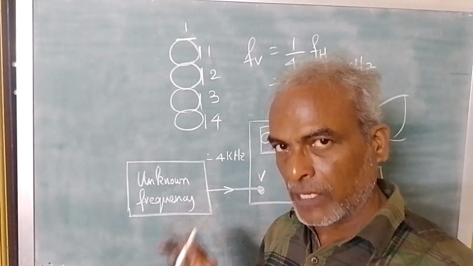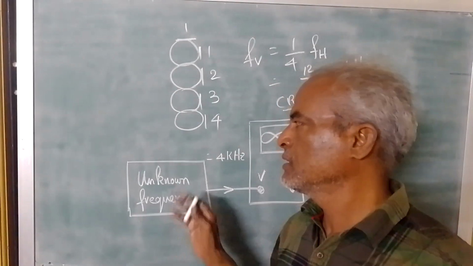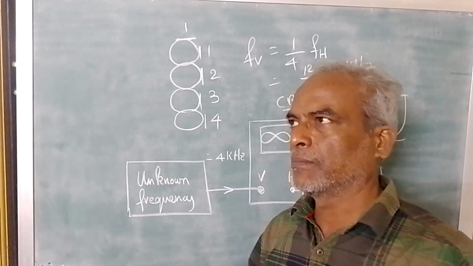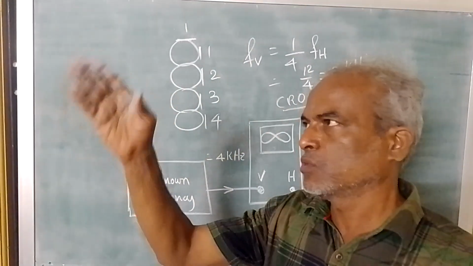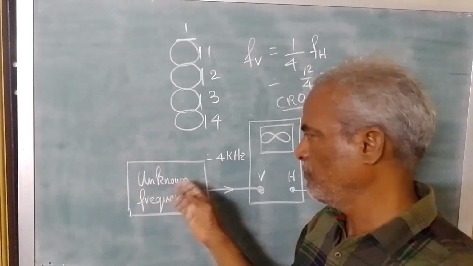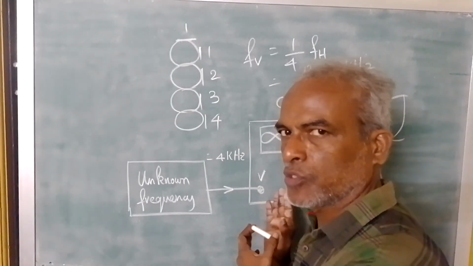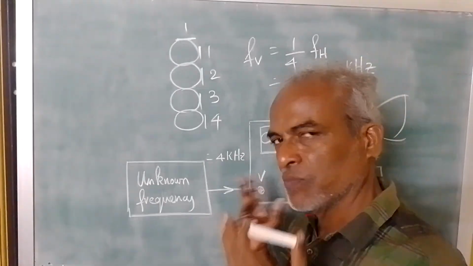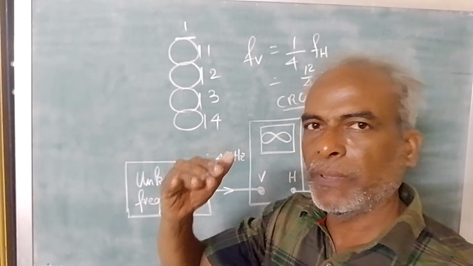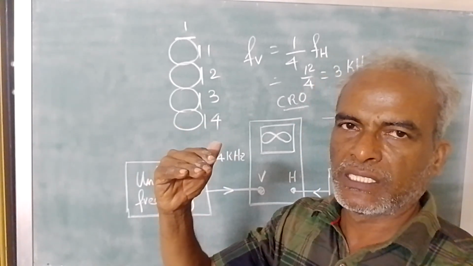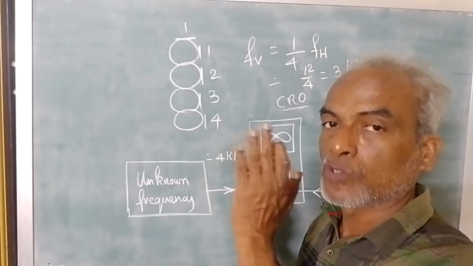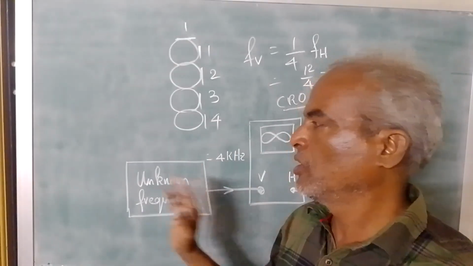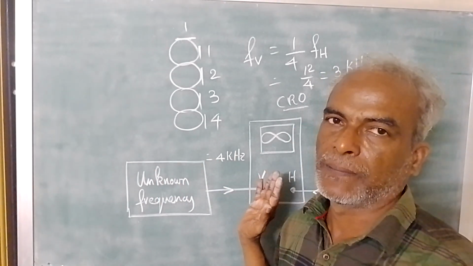But as a general precaution, why I am telling this, because when you work with some power lines like that, you cannot supply that 230 volt 50 hertz directly into the CRO. Then the whole system will get damaged. So there will be an upper voltage limit for a particular equipment that you must go through the manual, and then only you have to connect to the system.